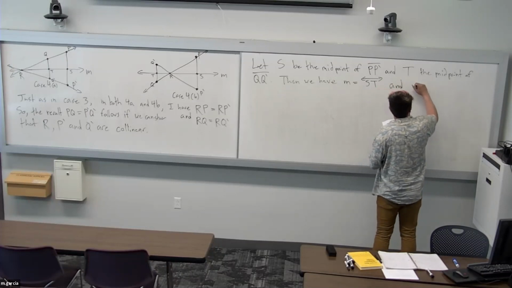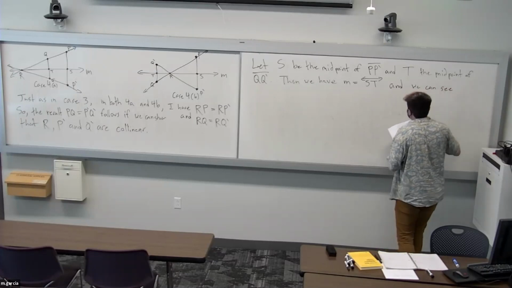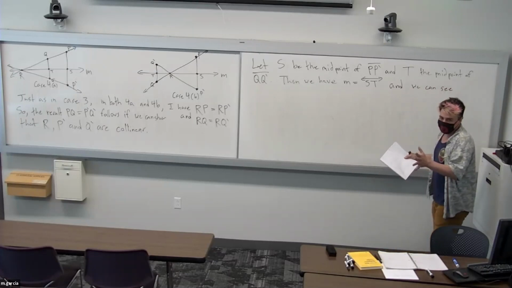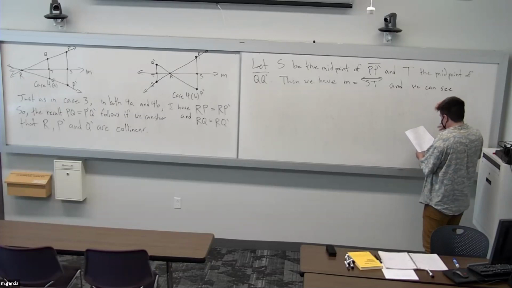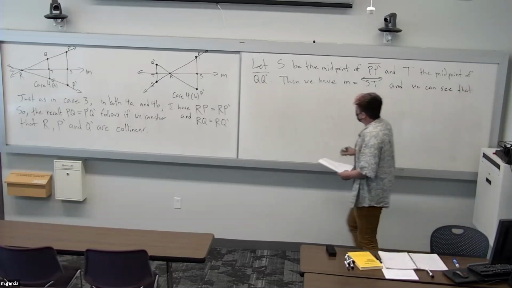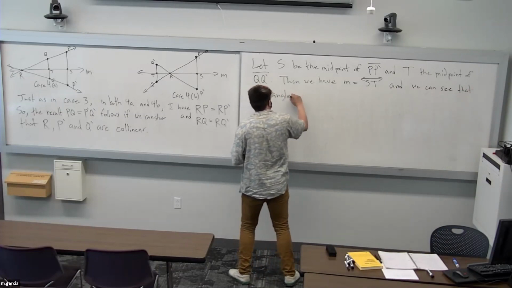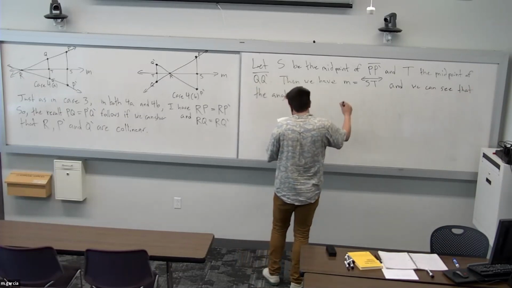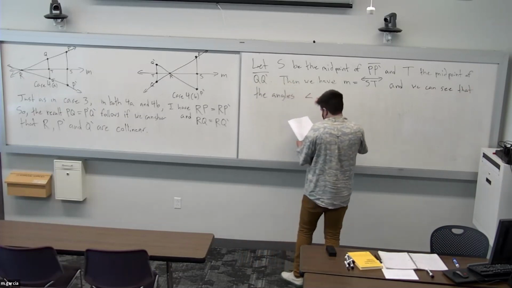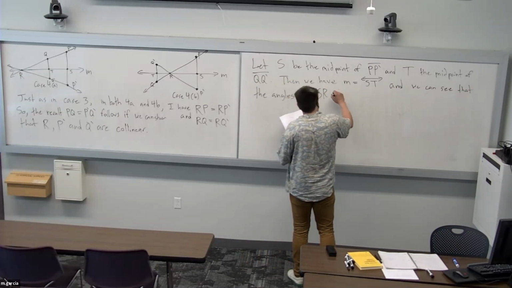And we can see, here's really where it gets kind of triangular, but I avoid saying anything. We can see that the angles, okay, and this is angle notation. I'll say this as we go.